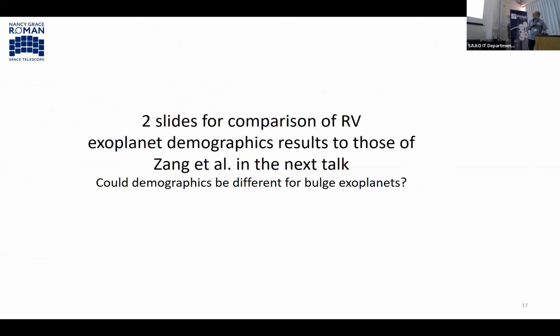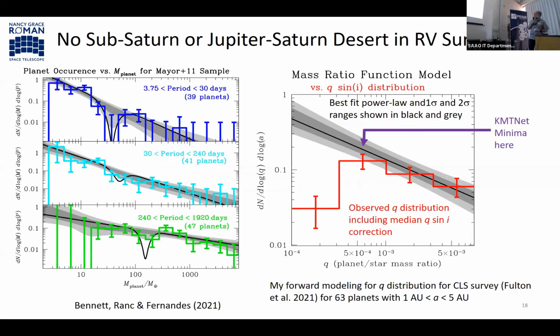All right, so I had a few slides that refer to the next talk by Wencheng Zhang. I'm a co-author on that paper, so I have some idea what he's going to talk about, and this is just to compare it. He's going to report on the KMTNet analysis of the mass ratio function, which, like Suzuki et al., does not find a deficit of planets where it was predicted, at the mass ratio of Saturn or smaller, basically sub-Saturn mass planets.